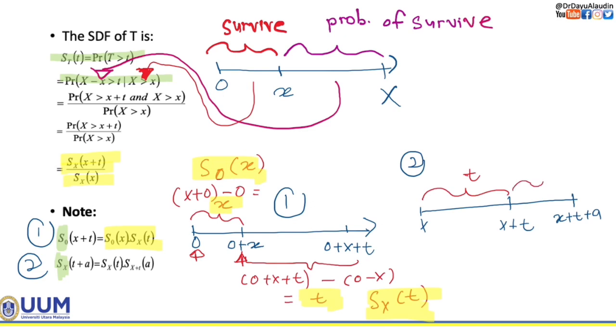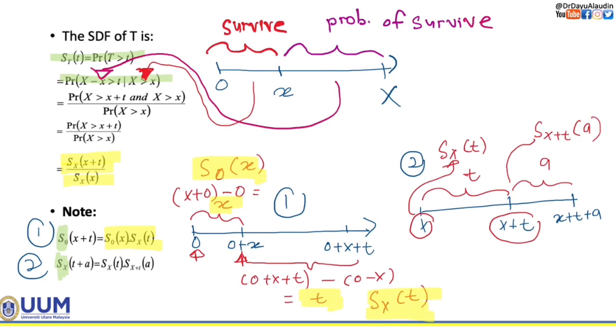So the period is a, x plus t plus a minus x plus t. So that's why we get S(x+t)(a), where the current age is x plus t and the period is a.